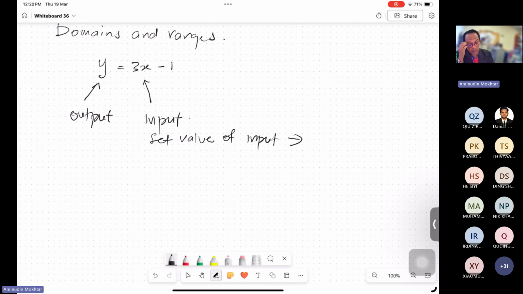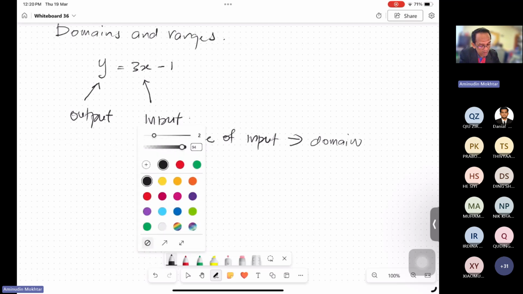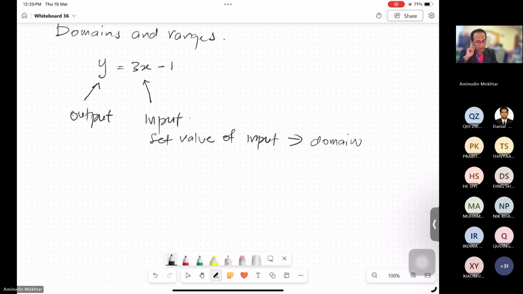The set of values of input is called a domain. So domain refers to input, and input refers to x.